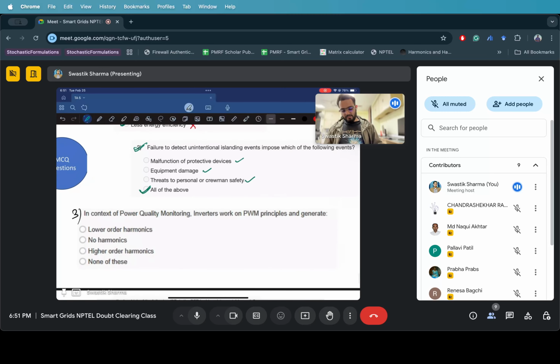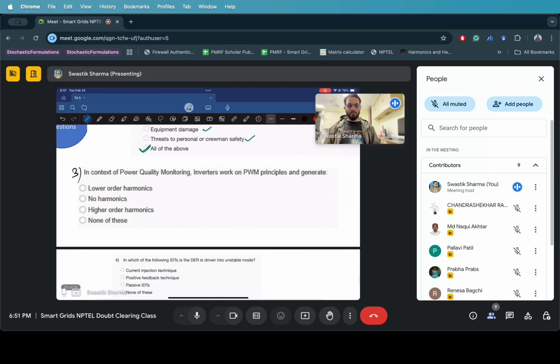Next, in context of power quality monitoring, inverters work on PWM principles and generate what? I already told you. Inverters have, as I showed, a square waveform. It can be triangular, and then there is 120-degree conduction mode, 180-degree conduction mode. There is space vector pulse width modulation as well. So there are different PWM techniques. But what usually happens is that they lead to harmonics, and these harmonics are higher order in nature.